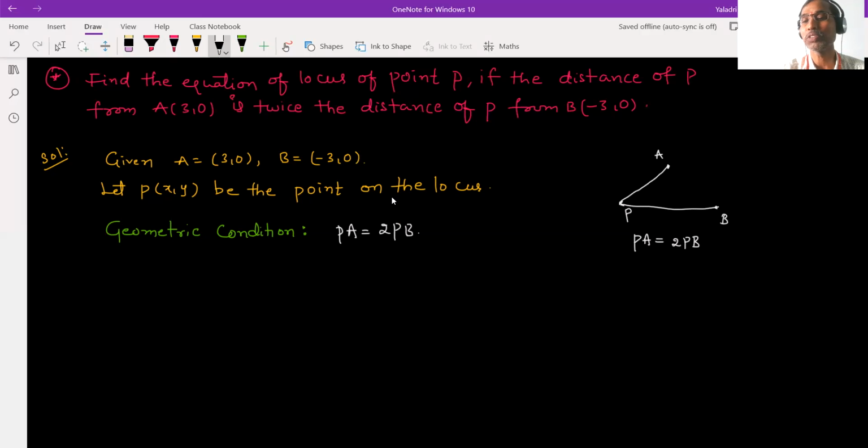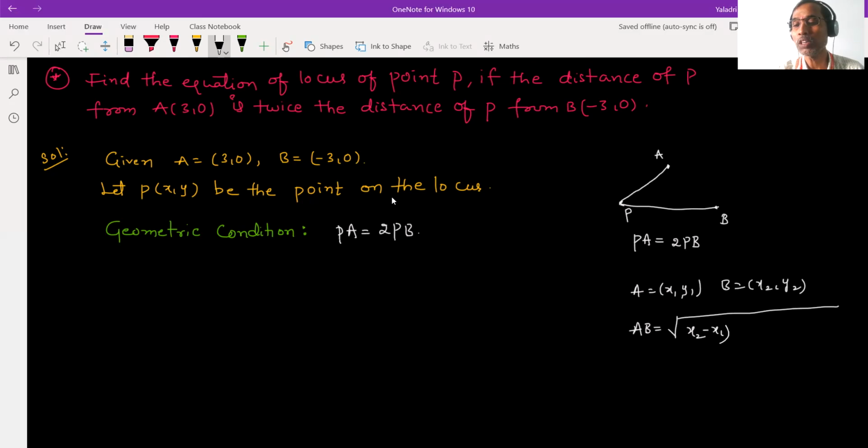So, what is the distance between the 2 points? Let us suppose I am writing A is equal to (x1, y1), and B is equals to (x2, y2). Now, what is the distance between the 2 points? AB is equals to square root of (x2 minus x1) whole square plus (y2 minus y1) whole square.